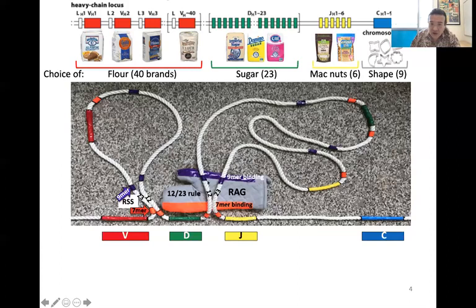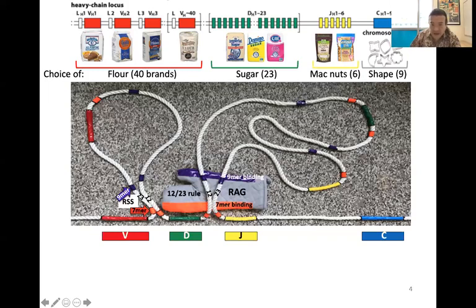These RSS, or recombination signal sequences, are what help the selection of the colored blocks make sense, so that the blocks are not lined up backwards when this loop of rope is brought together. In this case, it randomly joined this green block and this yellow block. Anything in between is just lost, because the rope is going to get cut here, and then the 2 frayed loose ends of the rope have to be joined together.